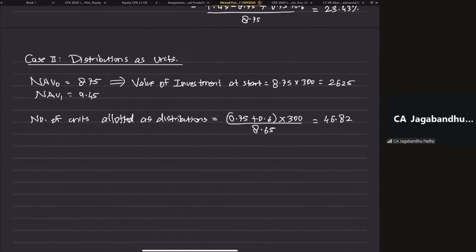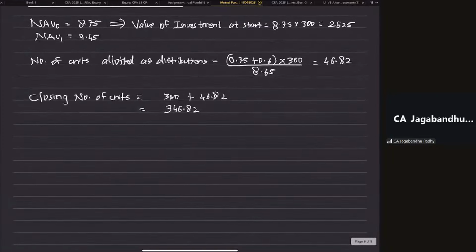So when we have the number of units allotted as 46.82, can you tell me what will be the closing number of units? Closing number of units will be 300 plus 46.82, which is 346.82. Now we can definitely get the value of investment at the end of the year.